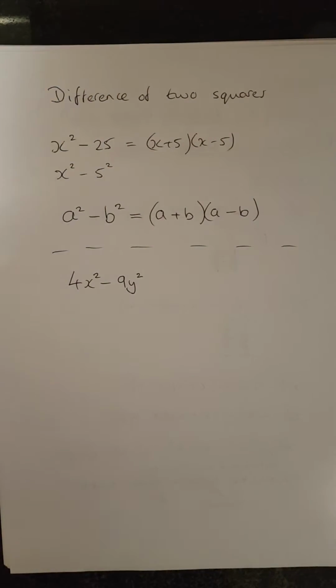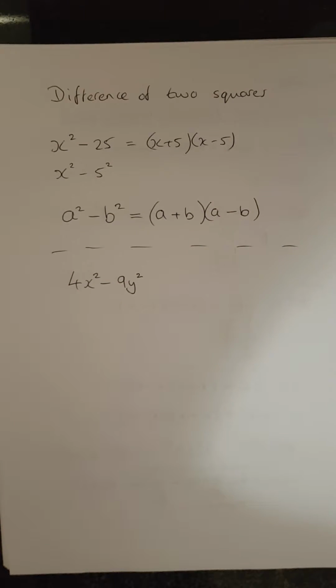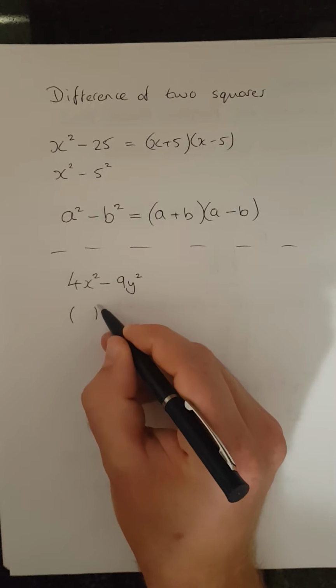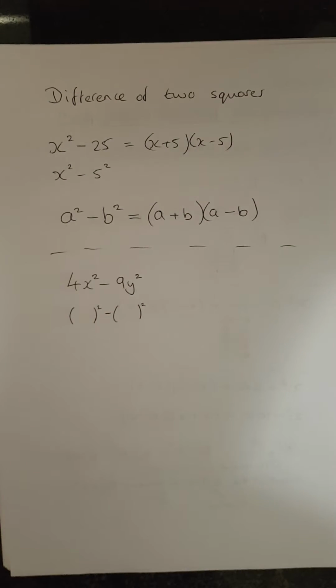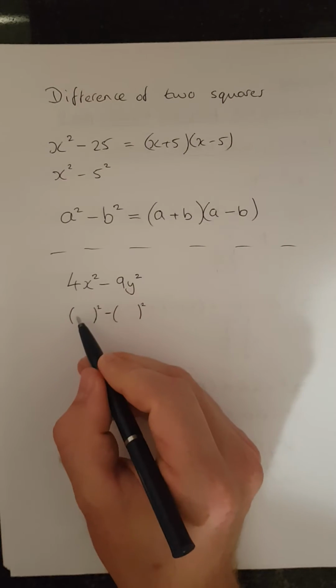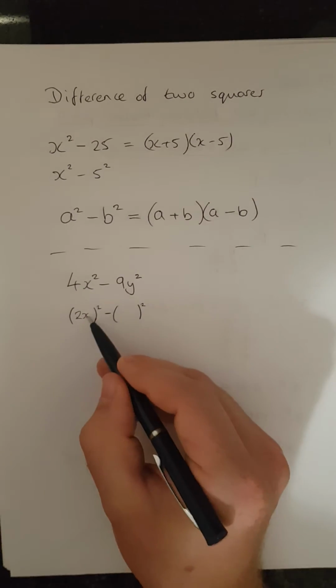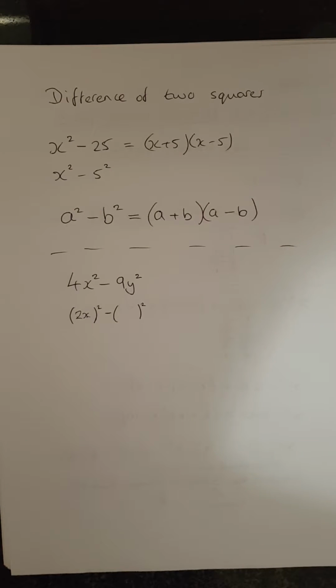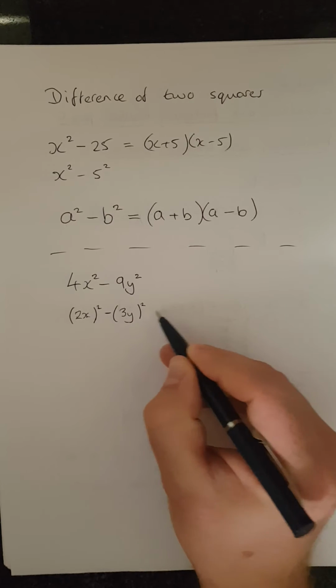This is a difference of 2 squares. What is squared here? You can see x has been squared, but I need to write this as something where everything is squared. So it's 2x, because 2 squared is 4 and x squared makes x squared. 9y squared gives me 3y.